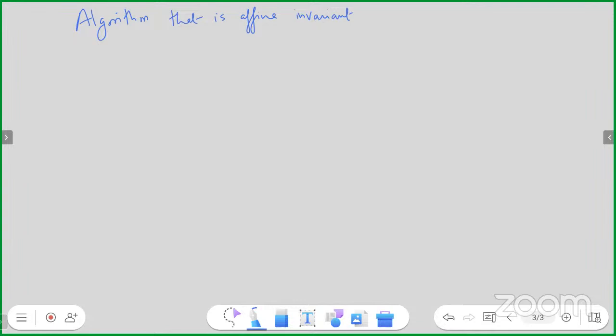Newton's. What's the algorithm I have given you? You've not really looked at any other descent algorithm. Okay, so why is that affine invariant? Do people remember what Newton was? Or should I write it down?